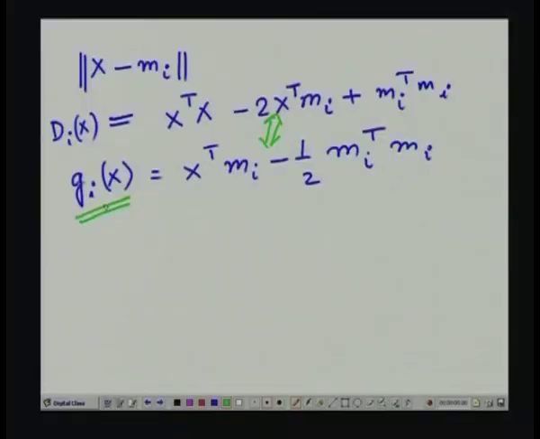This is a particular class of classifier which is known as minimum distance classifier, because we are assigning the vector x to a particular class which gives the minimum distance. Now, following the same approach, we can have a classifier which is called optimum statistical classifier.